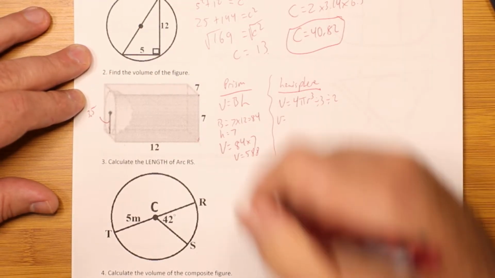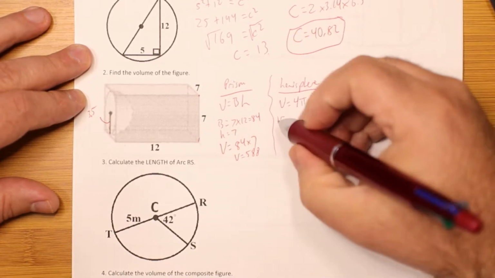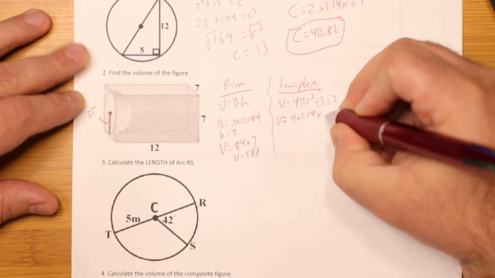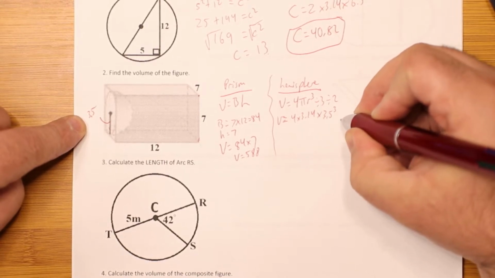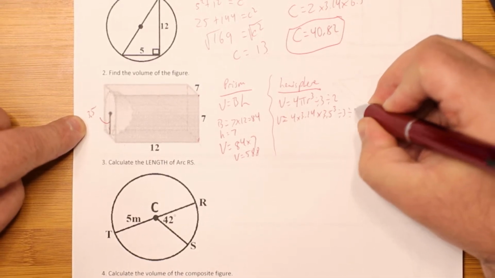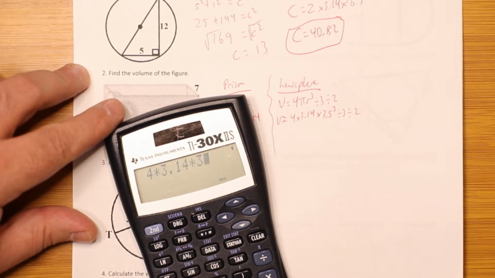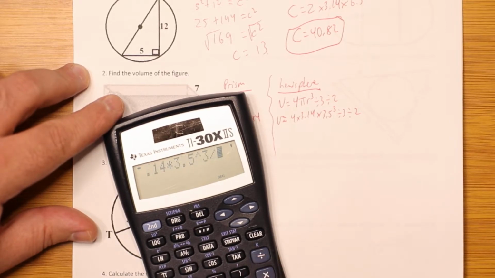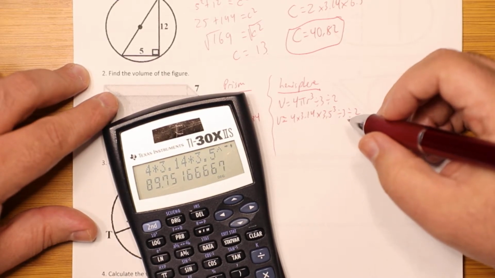It's half of the height, since the height is the diameter of the circle. So 4 times 3.14 times the radius raised to the third power, and then we're going to divide by 3 and divide by 2. And that's 89.8.